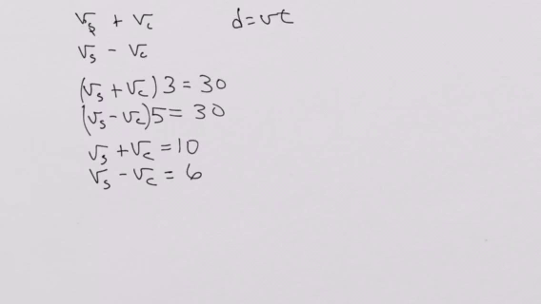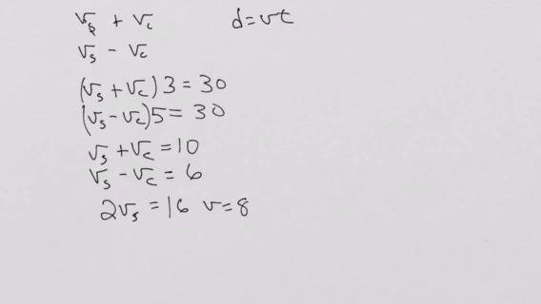Easy equation to solve because I have V sub s plus C and a minus C. When I add those two left sides together, we're going to get 2 times V sub s equals 16, which says V sub s equals 8.